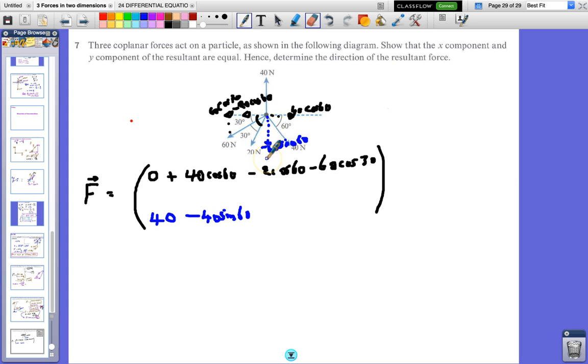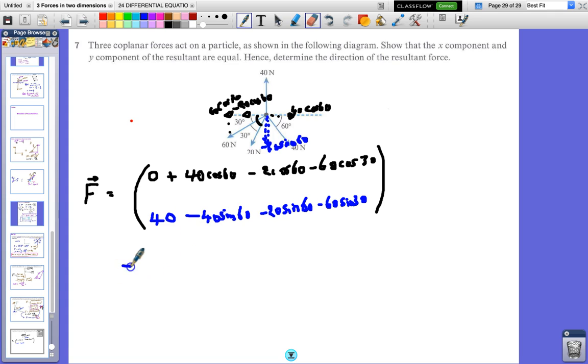And then for the 20 Newton force, it's in the negative y direction as well, and it's 20 sine 60, so minus 20 sine 60. And also for the 60 Newton force, the y component is also in the negative y direction, right? And it is 60 sine 30, so minus 60 sine 30.